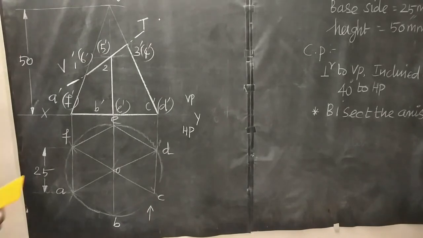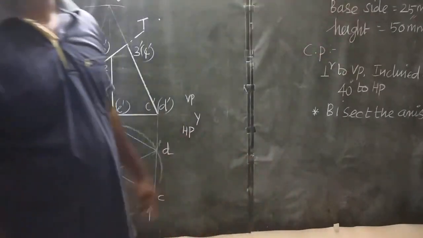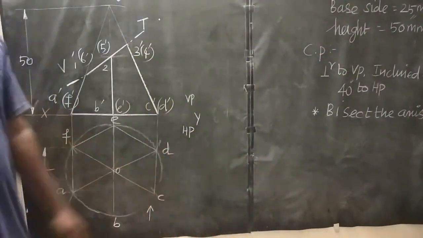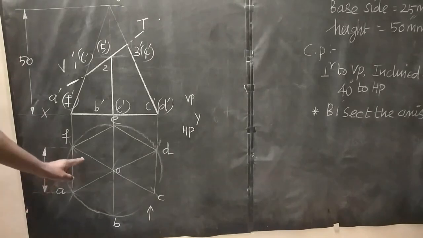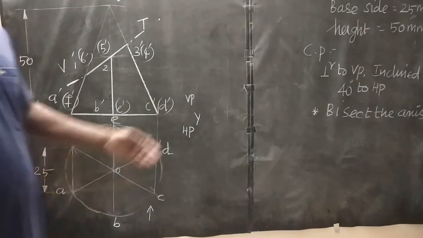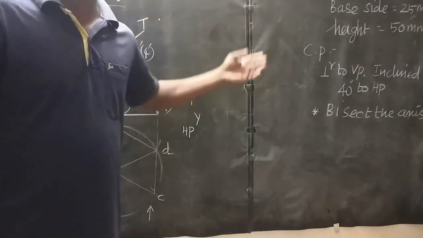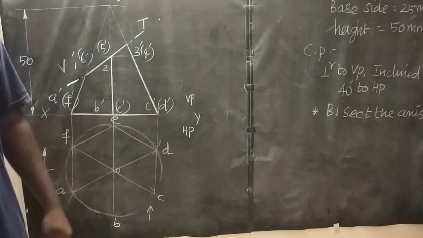Then your next step is development of lateral surfaces. See here, in this problem, none of these slant edges is parallel to XY. When you are going to do development, for that you need true slant edge length.